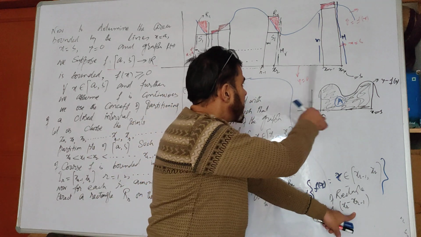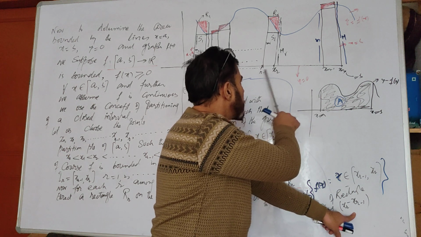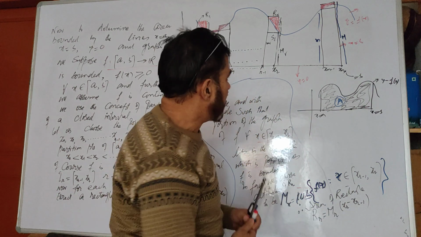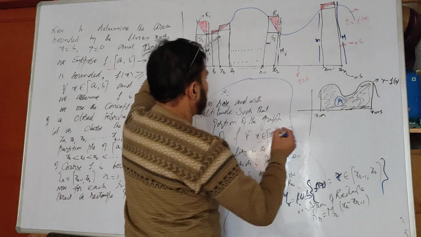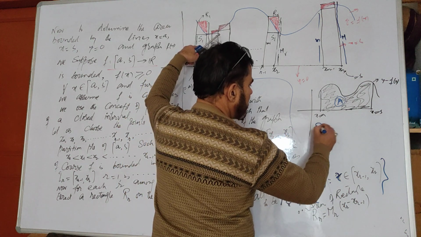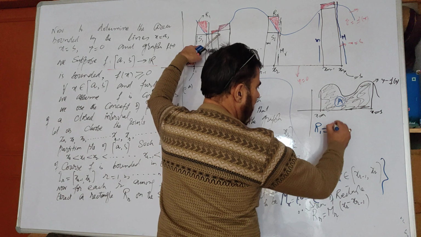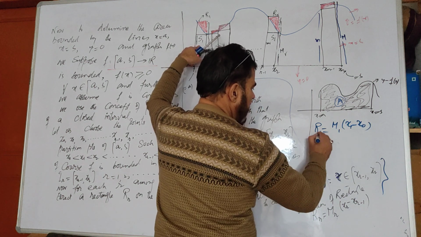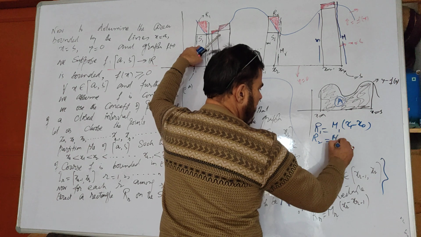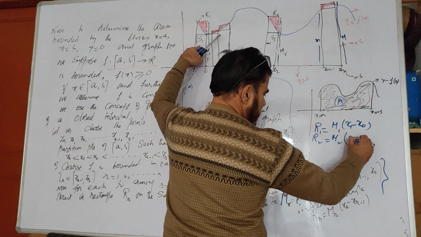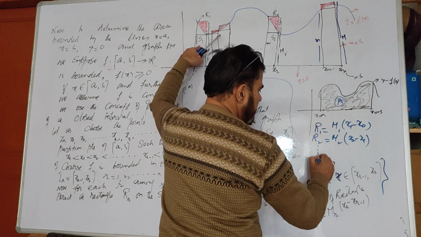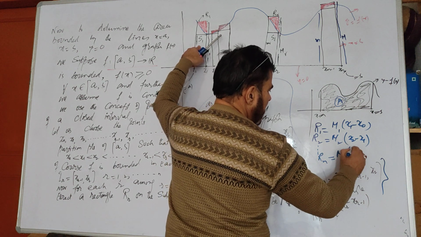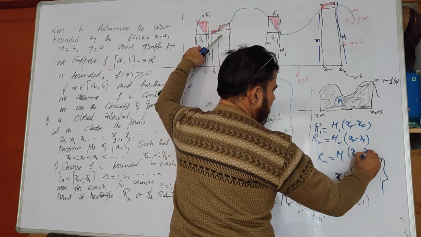What is the length of this? xr minus xr-1. So when you find this rectangle's area R1, this will be M1 times (x1 minus x0). When you find R2, this will be M2 times (x2 minus x1). Similarly Rn will be Mn times (xn minus xn-1).